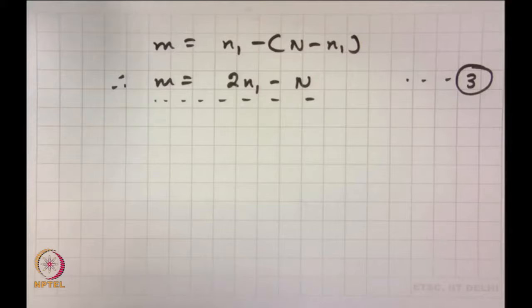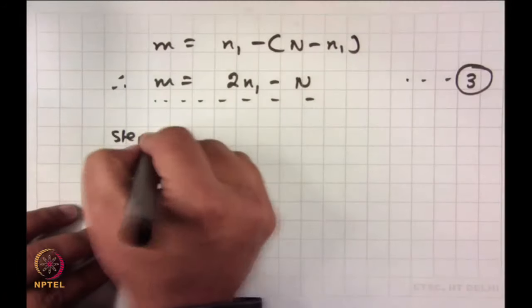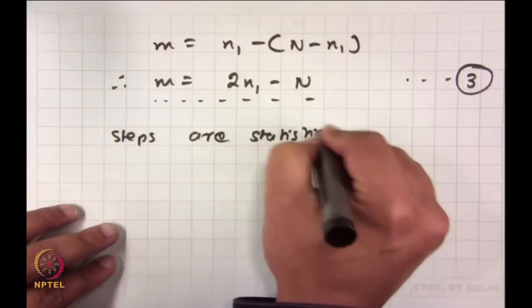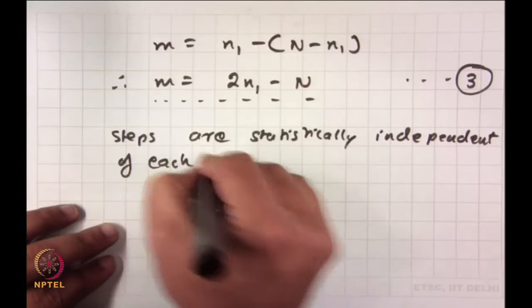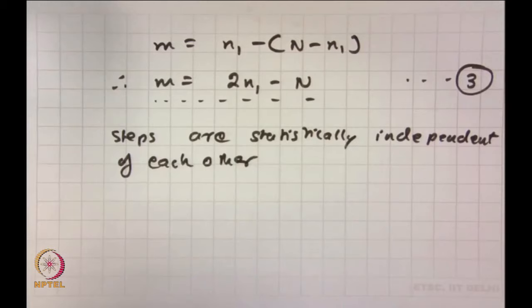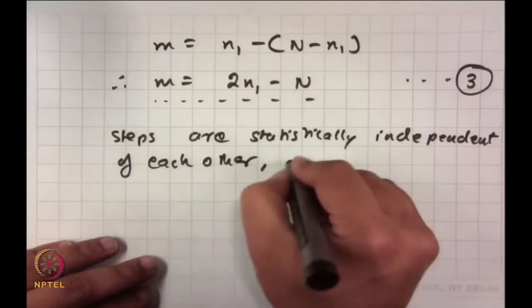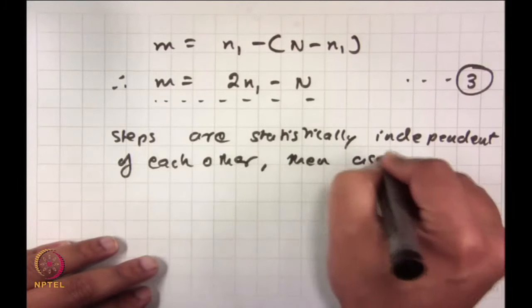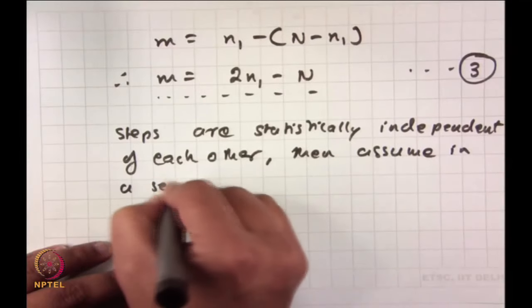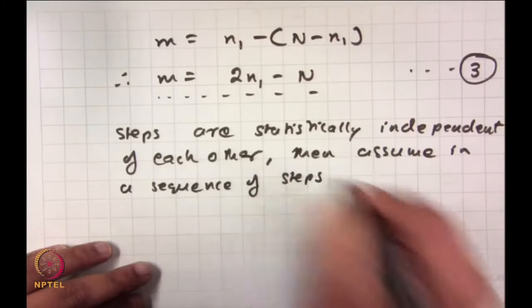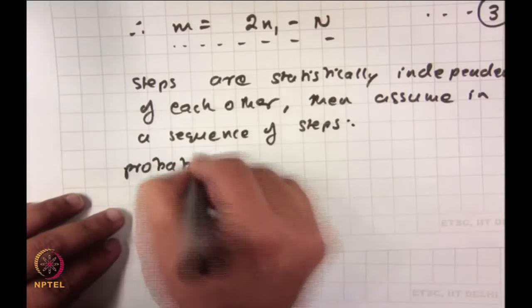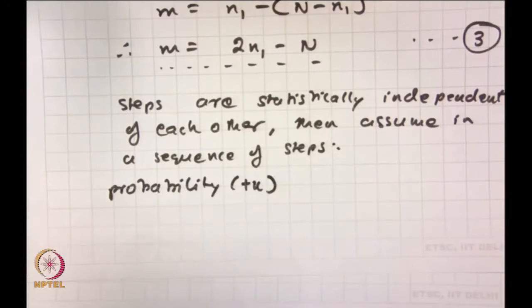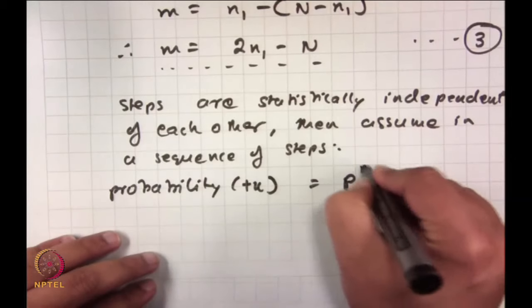Now, if my steps are statistically independent of each other, what I can assume then, in a sequence of steps, is that the probability of moving in the positive x direction is given by p to the power what? n1, isn't it?